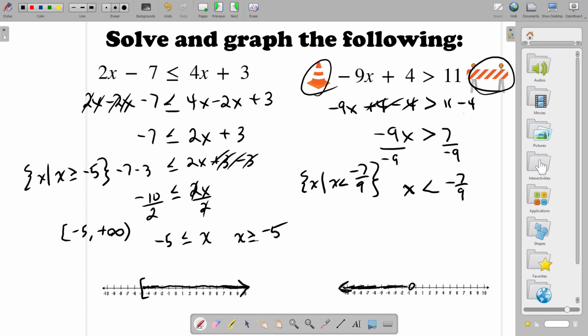In interval notation, since the left endpoint is going forever in the negative direction, we don't include, but our endpoint is to negative infinity, and on this side negative 7/9, and we're not including. And then once again, you may see this written as a parentheses and then the rest.